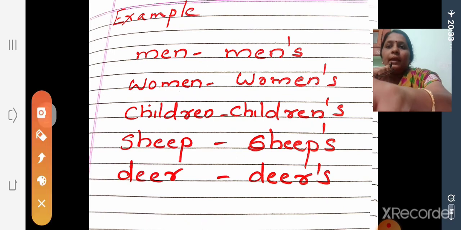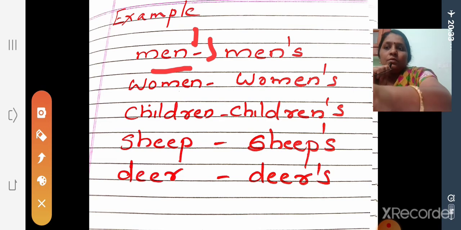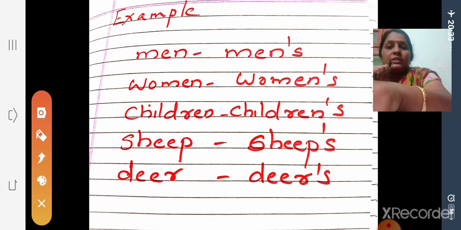Look here. Men. Men is a plural noun, isn't it? So we want to make this plural noun possessive. We have to add apostrophe s here. So a plural noun which does not end in s.